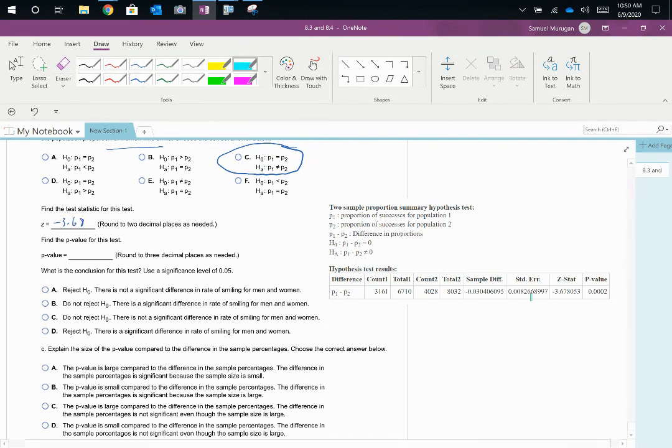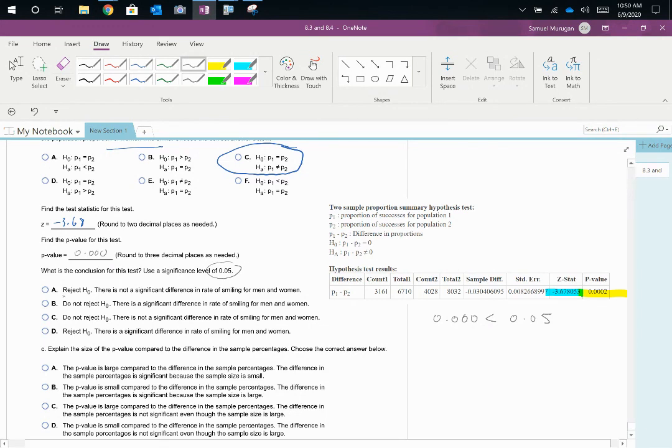Okay, that's that number there. And the p-value to 3 decimal places, this one, is 0.000, because we can't round up that third number. Okay. Compared to 0.05, so 0.000 is clearly less than 0.05. We have to reject the null hypothesis.